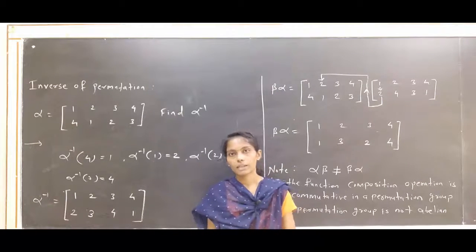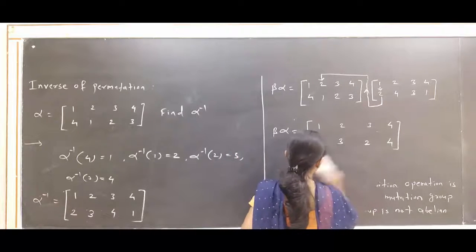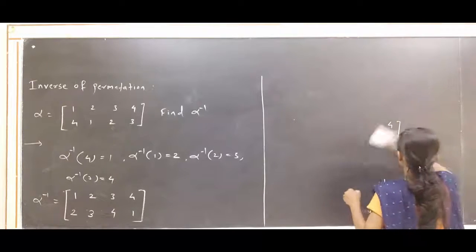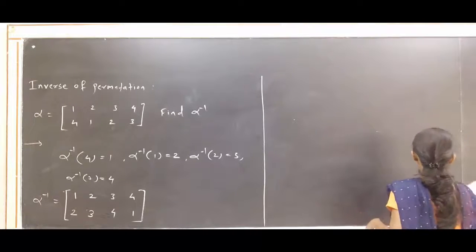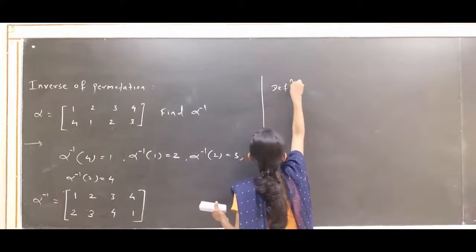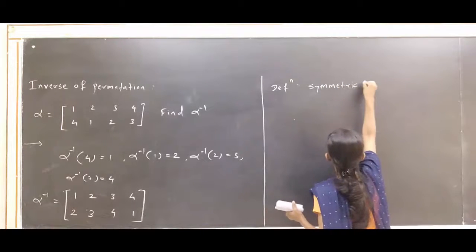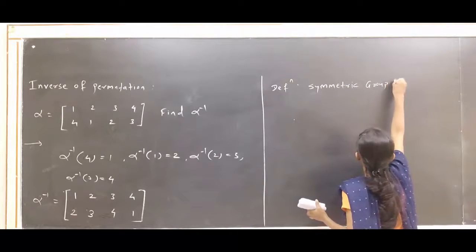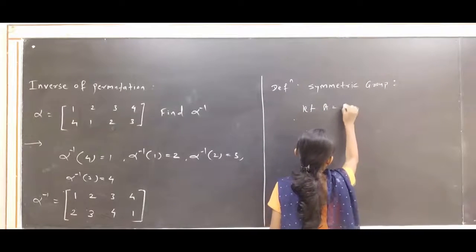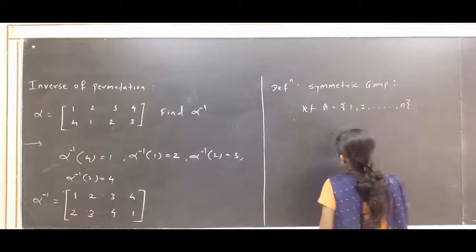Okay. Now next point, symmetric group. Definition of symmetric group. Let set A equal to 1, 2, 3, and so on up to n.